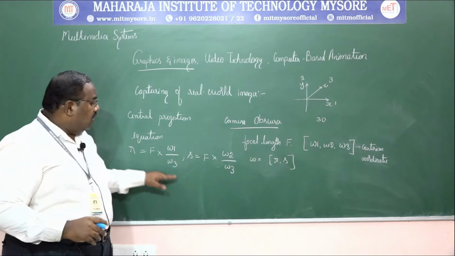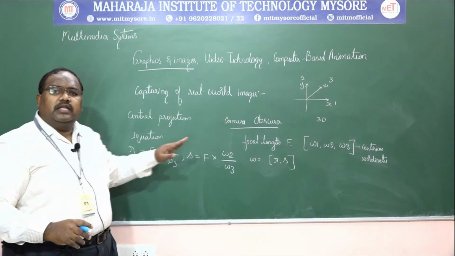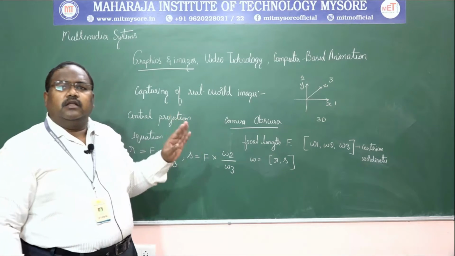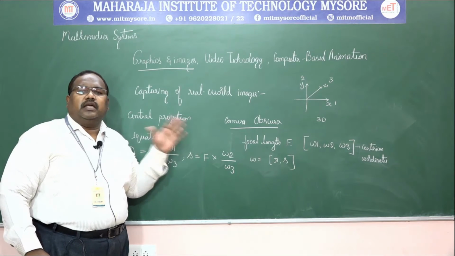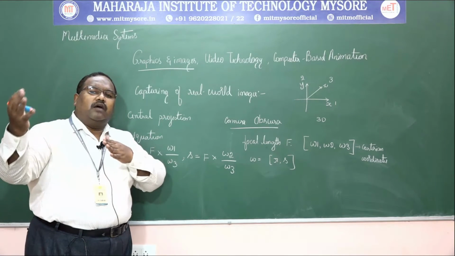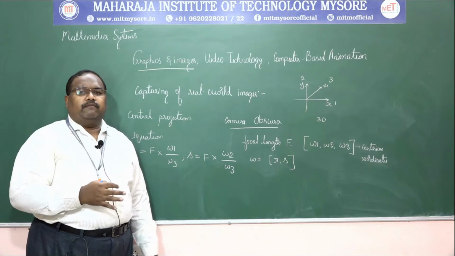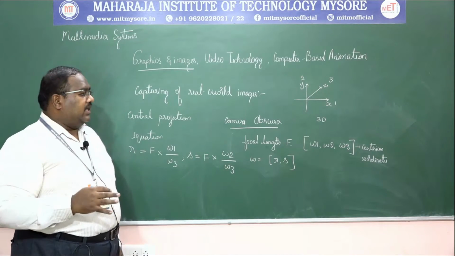So this is called the central projection equation that has been already given. So using this we need to capture the image, from the outside world onto a frame. How we do that, we will see.